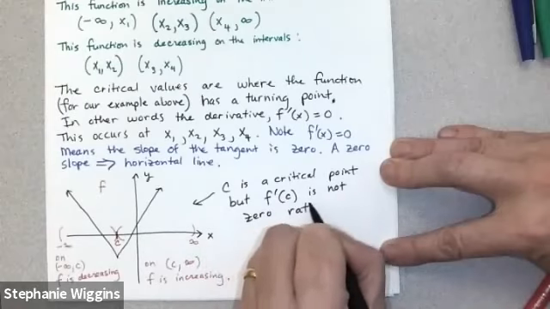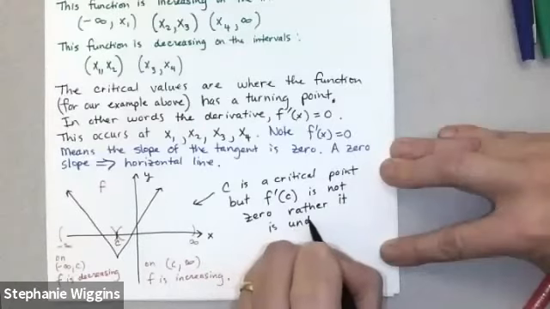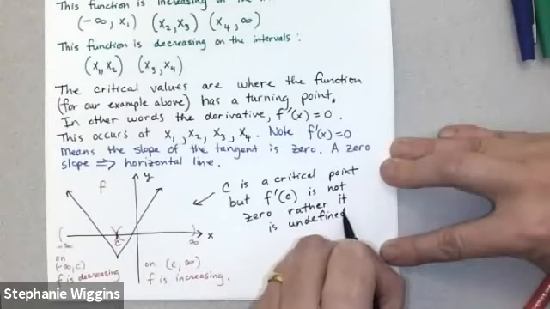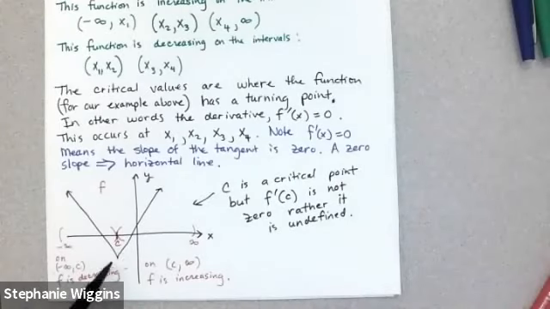Rather, it is undefined. You have a corner there. Remember when we talked about differentiability, a function was not differentiable at those spots where you have a corner like that. So c is a critical point, but the derivative is undefined rather than 0.